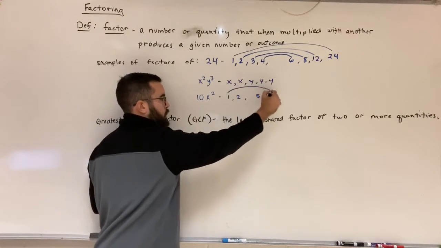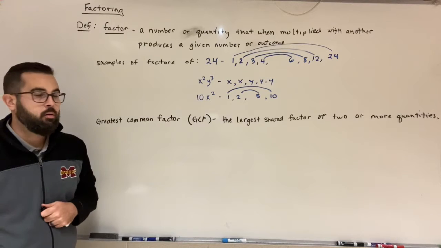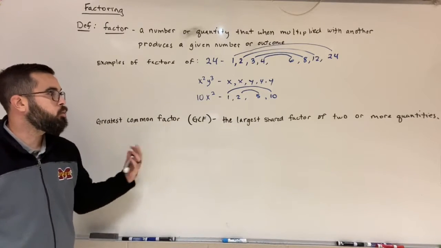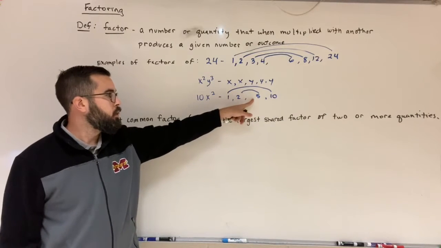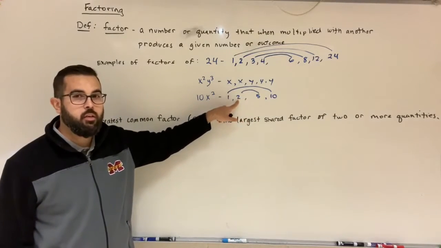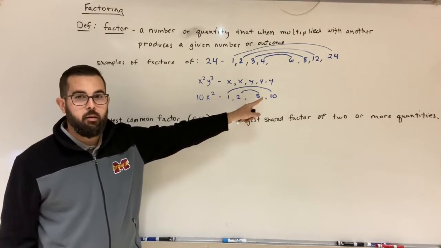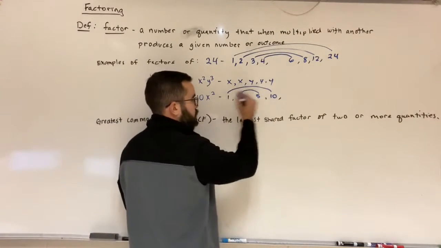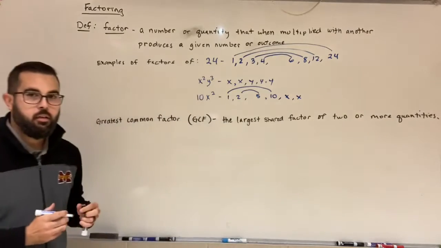You can if that helps you, to make sure that you've got the complete list. You know when to stop when you reach the other number, like 3 and 4 will be the next numbers after 2. They don't go in, and then you're back to 5, and you already listed that, so you can stop. All right? So we still have to have the factors of x squared, which is x and x.